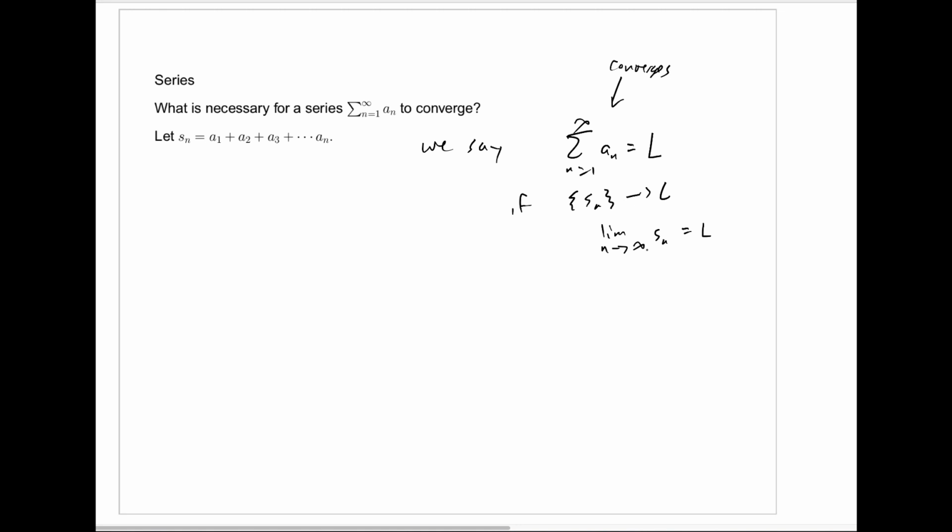Now, there's an important theorem that tells us one important thing that's necessary if a series is to converge. And I'll show you that in the following way.